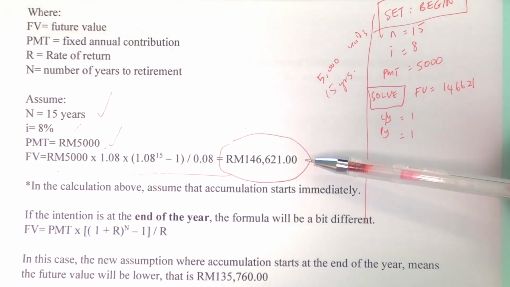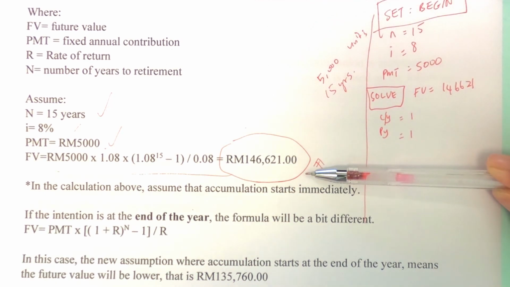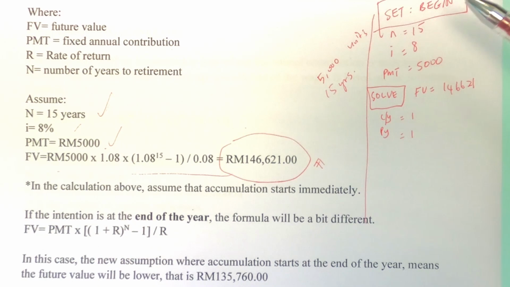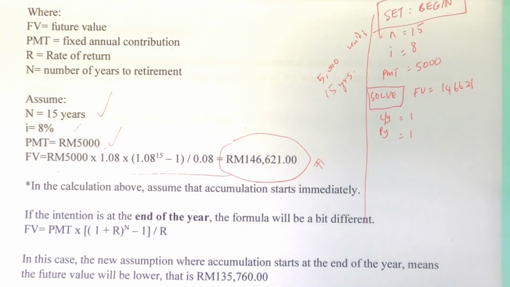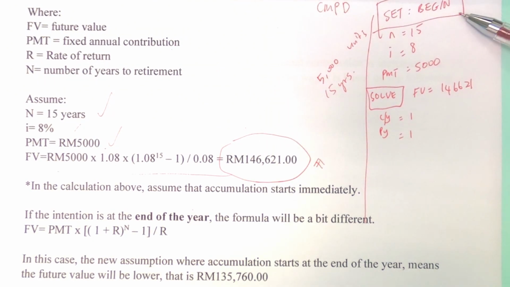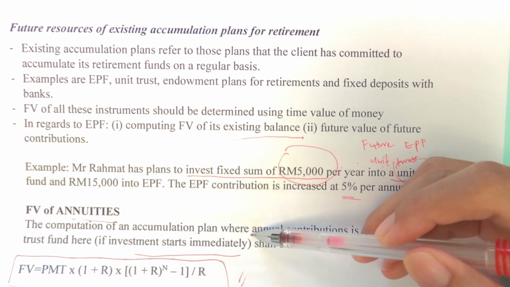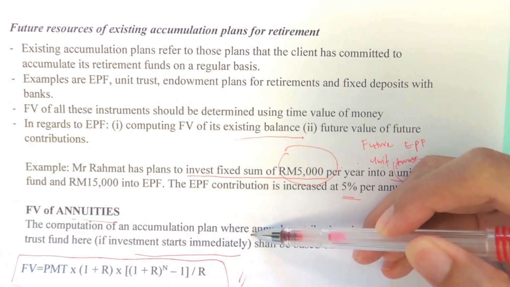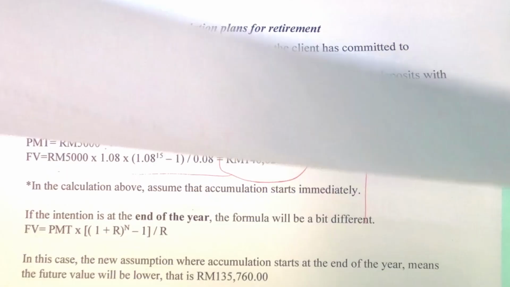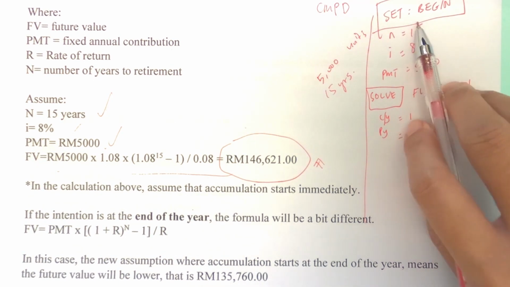Besides using the formula, you can also use a financial calculator to derive this value. In your financial calculator, you go to CMPD and you set Begin. Why is it Begin? Because we assume that the investment starts immediately, or the question says that the payment is made at the beginning of the year, so we choose Set here as Begin.